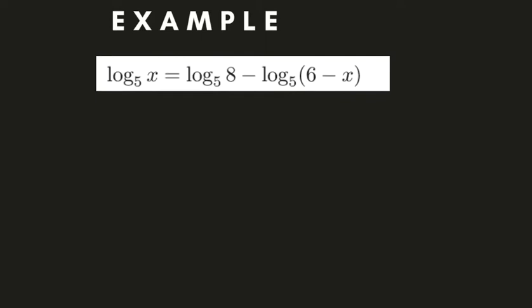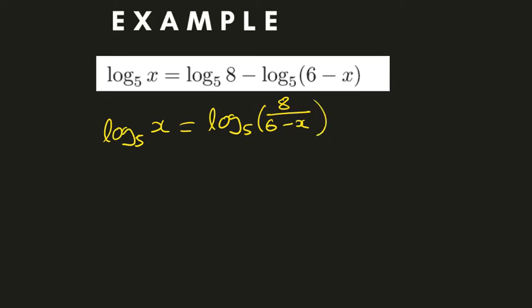Let's look at another strategy now. In this case, the thing to do to start with, it certainly looks like it, is to bring the two terms on the right-hand side together. So let's do that and see what happens. Log base 5 of x is equal to log base 5 of 8 over 6 minus x. I'm using that second law of logarithms.